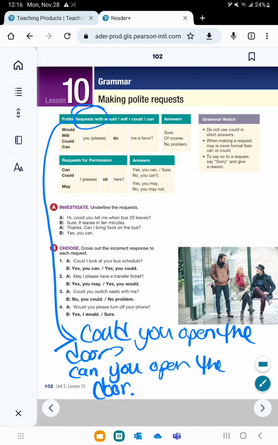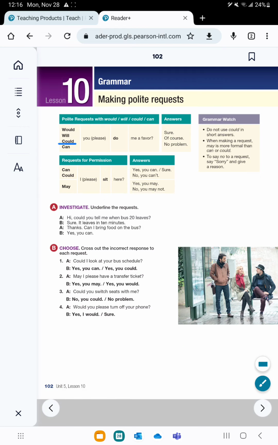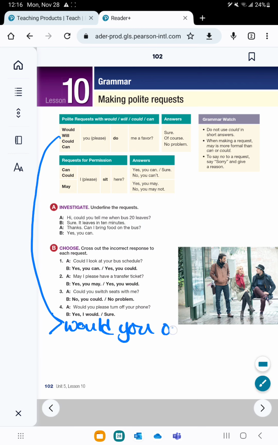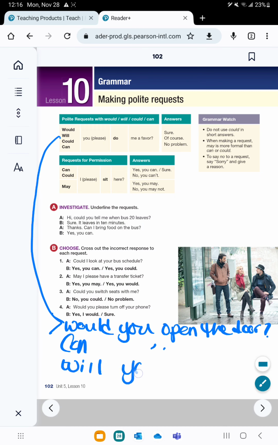Or I can change that up and say, would you open the door? And I think that's it. Will you open the door is the other one. Will you open the door?